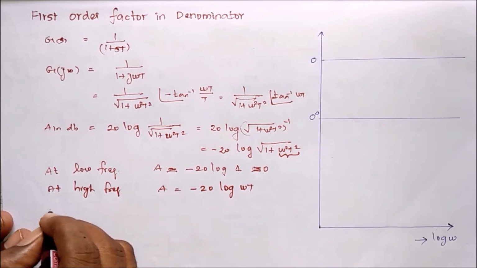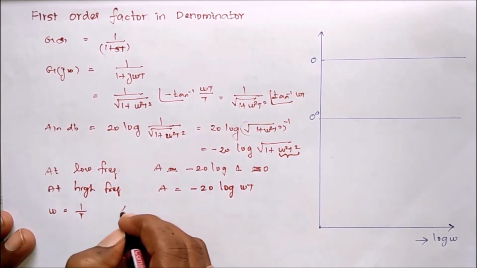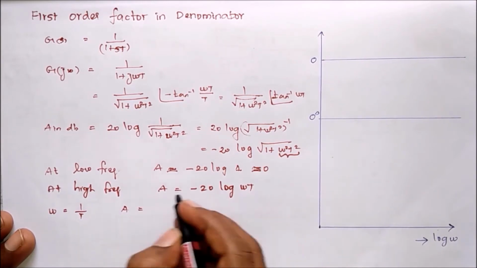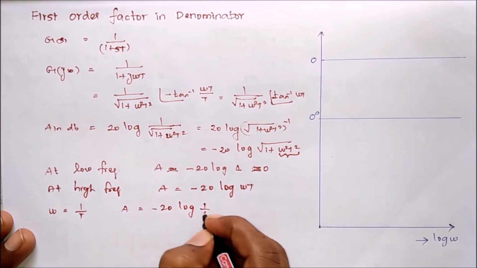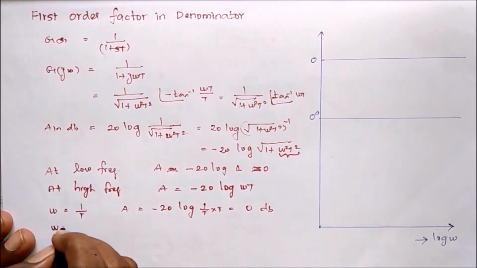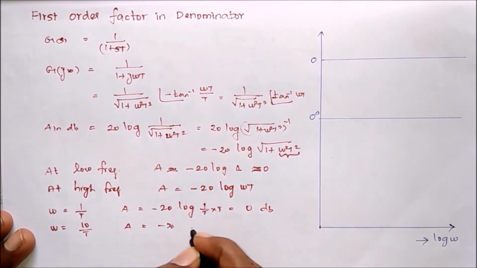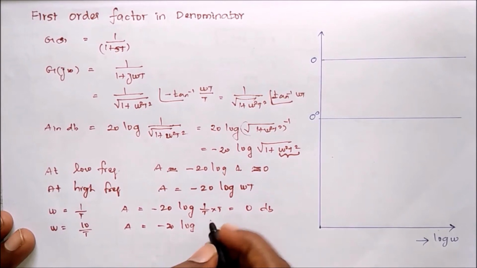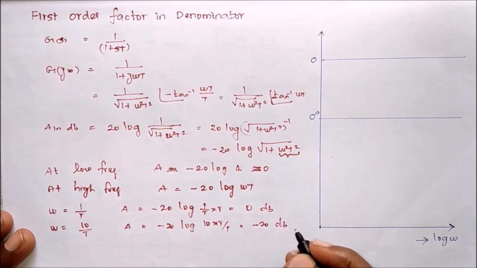From this equation, when omega equals 1 by T, A equals minus 20 log of (1 by T into T), which is 0 decibel. When omega equals 10 by T, A equals minus 20 log of 10T divided by T. Therefore minus 20 decibel.